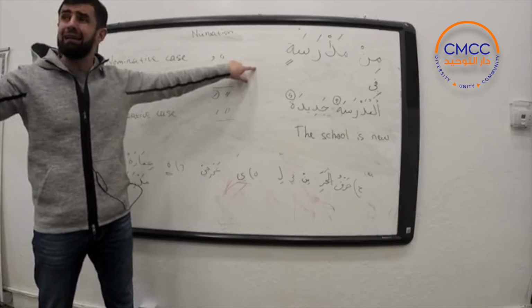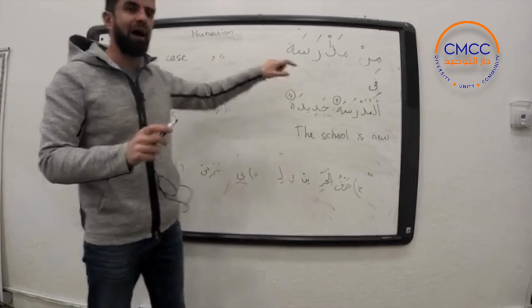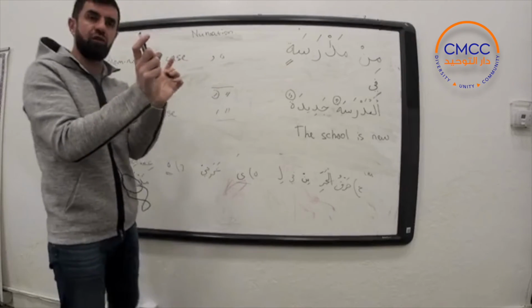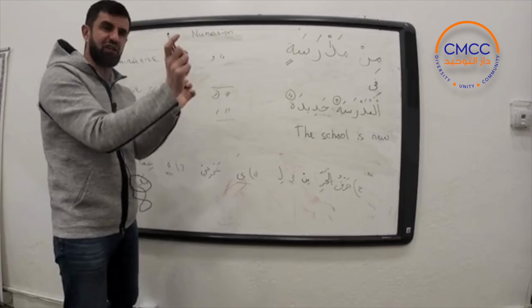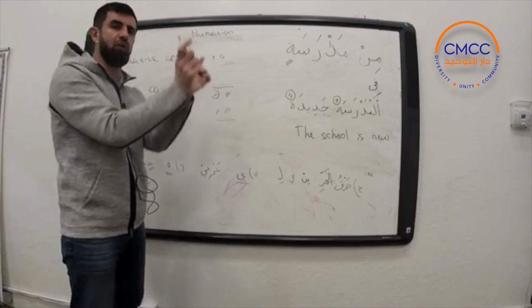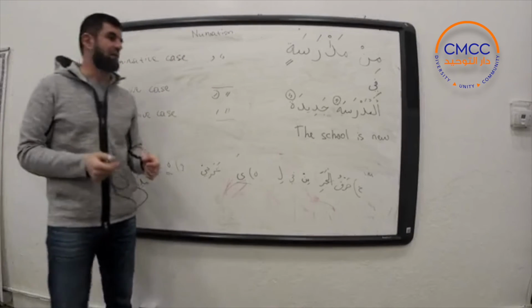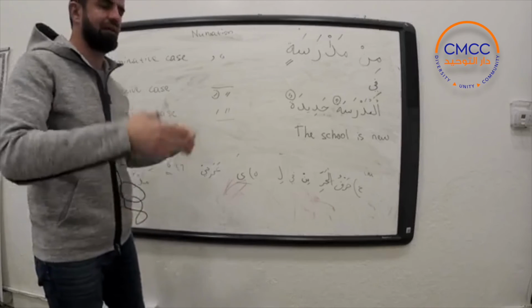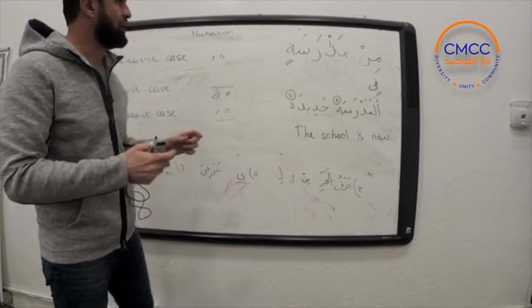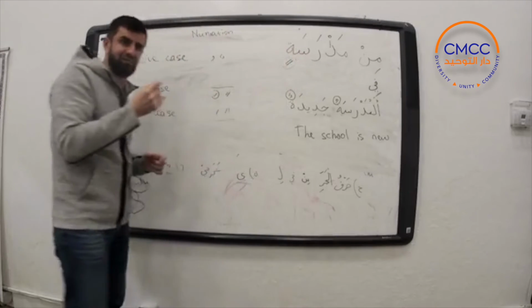If we're talking about the composition of the words, like noun and adjective, beautiful school, tall man, long way, kind person and stuff like that, they should all have the same case.